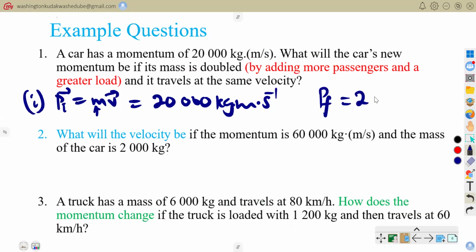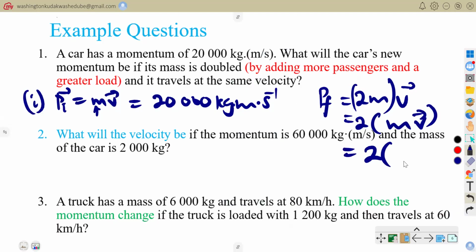If the mass of the object is doubled, we have got 2m, and the velocity remains the same. You can simply see that our final momentum becomes 2 times mv, which is 2 times the initial momentum. So definitely our momentum is actually going to double.